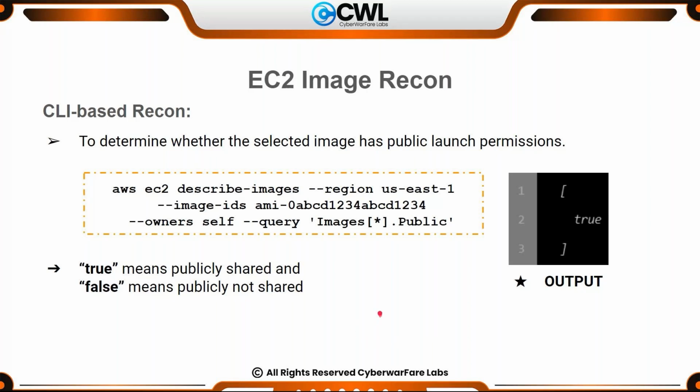In this command, we need to specify the region and the image ID, as we have collected the image ID from our initial searches. And the dash query option extracts information about whether the AMI is marked as public or not.